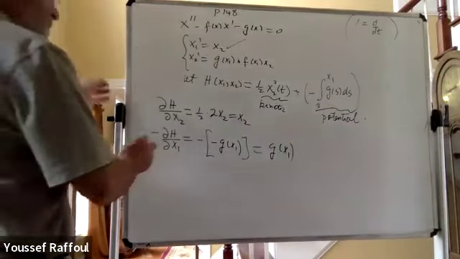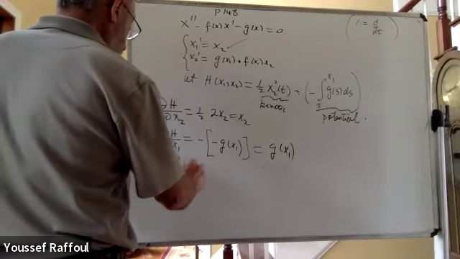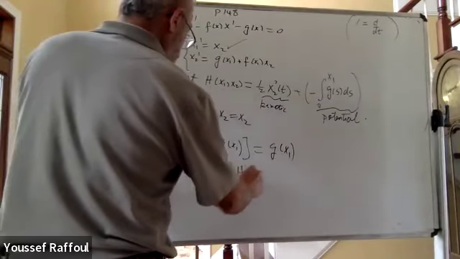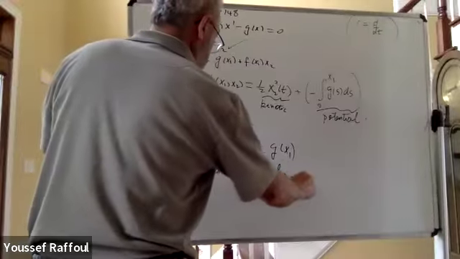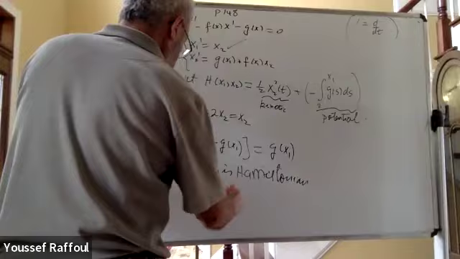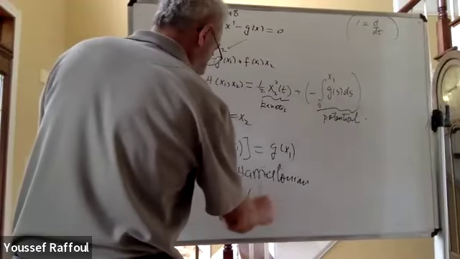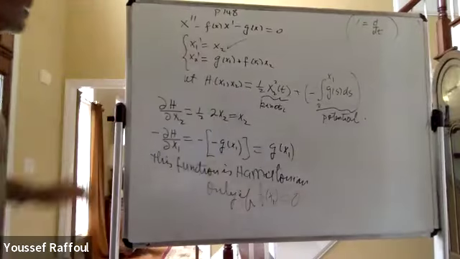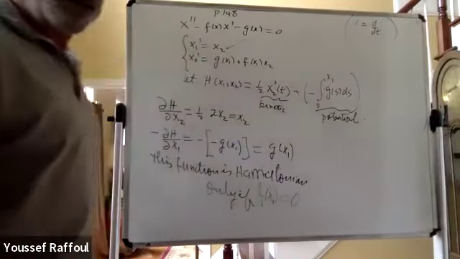Okay, so this function, this Hamiltonian function, is Hamiltonian only if the function f of x1 equals 0. If f of x1 equals 0.